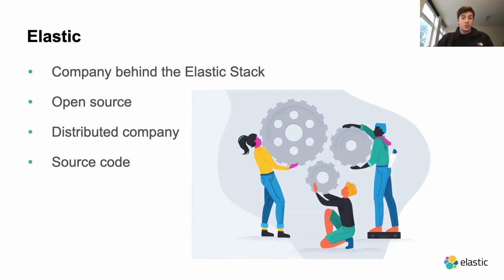So there are around 2,000 employees, 2,000 of my colleagues at the moment, that work from 40 different countries in the world. And we all work remotely, and we used to work remotely even before we were forced by the current situation. So we tend to follow the philosophy of the product internally in the company. We have a distributed product, and we also are a distributed team.